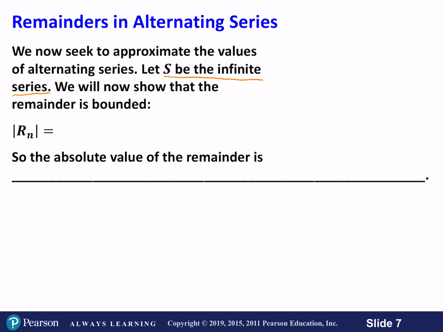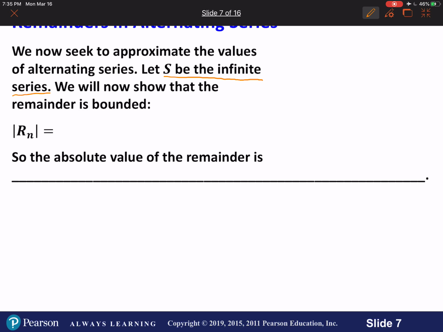So we know that there is some true value for S. S is finite. All right, so the idea here is that the remainder, the absolute value of R_n, and I'm just going to write this down for now. I don't expect you to see exactly where this is coming from.